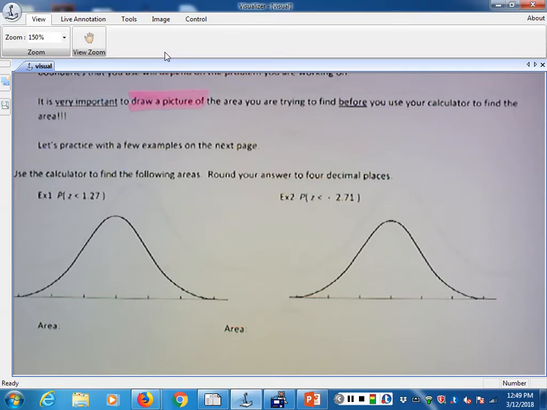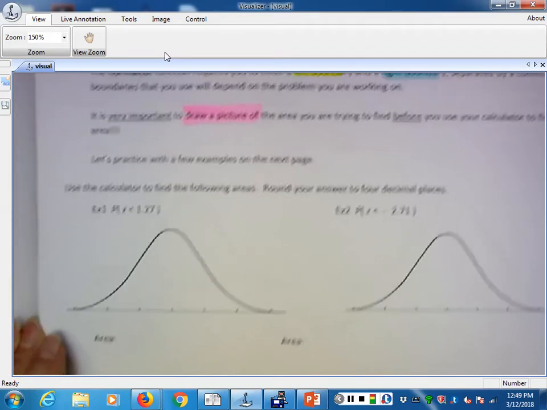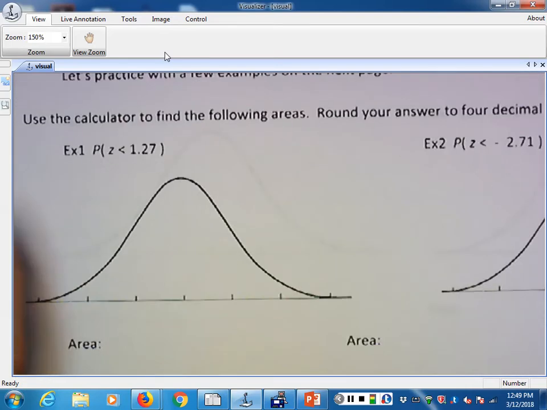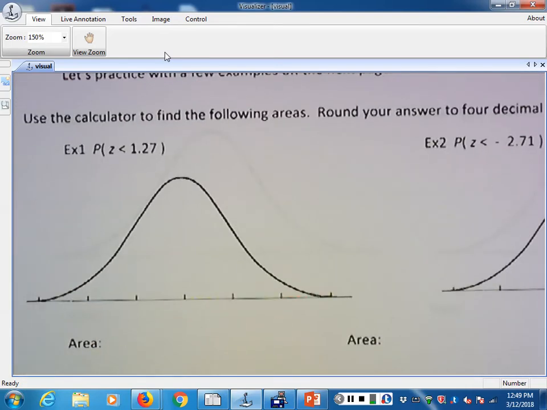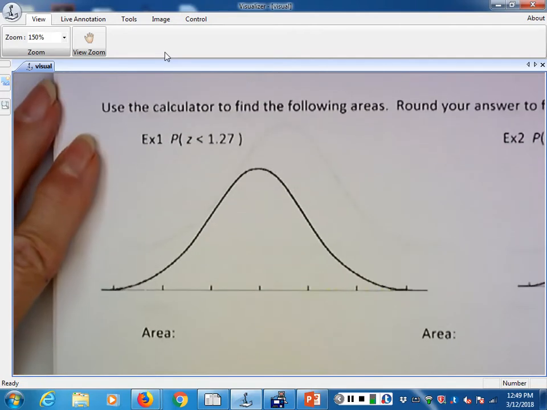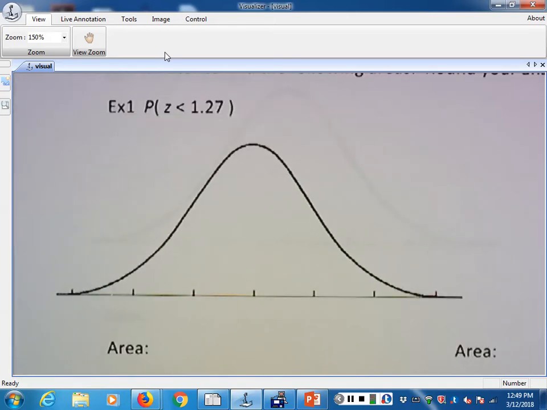So we're going to practice with some examples. Here's our first example. I'm going to make this as big as I can so that we can see just what we're looking at. Find the probability that Z is less than 1.27.